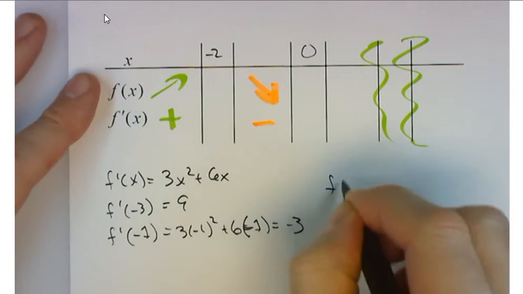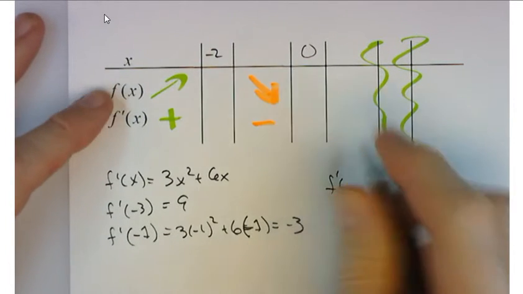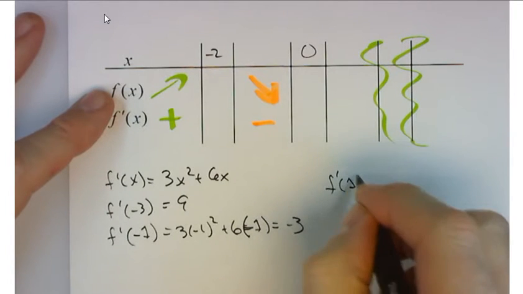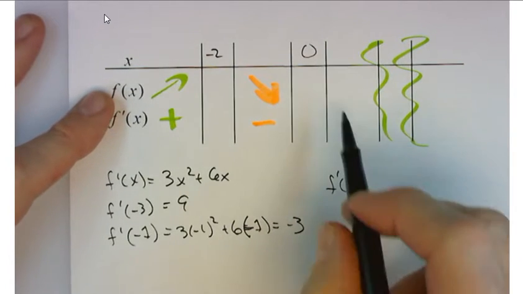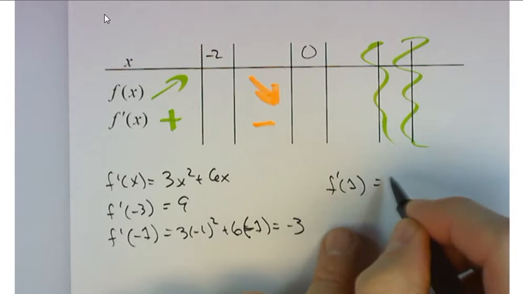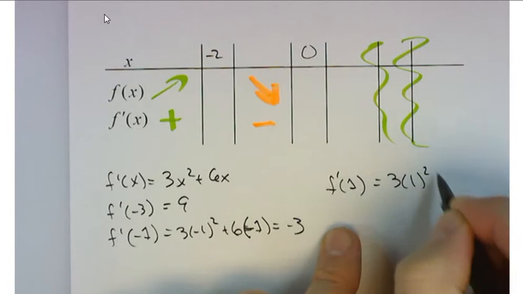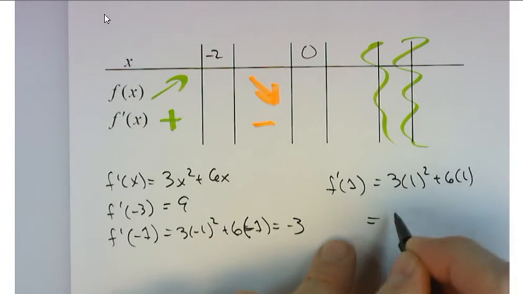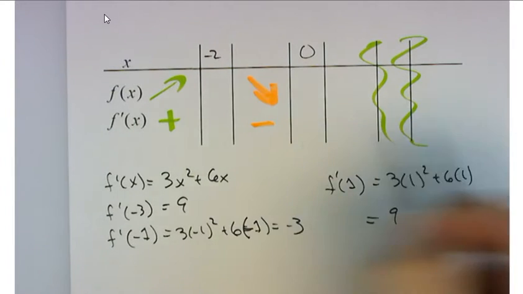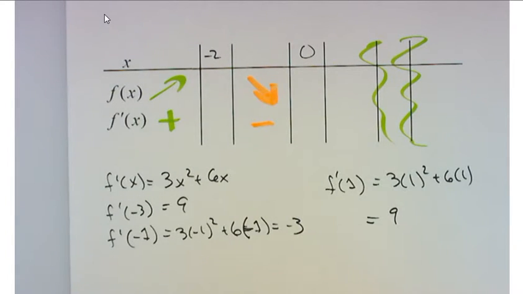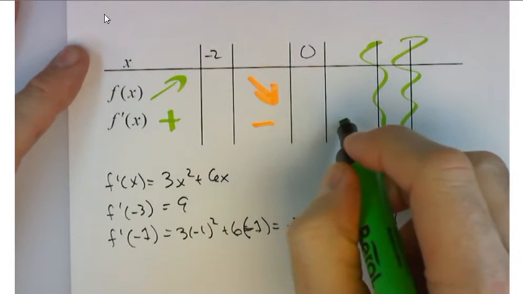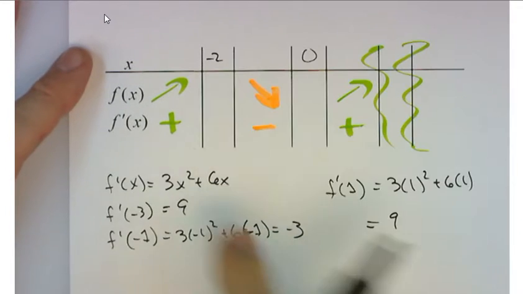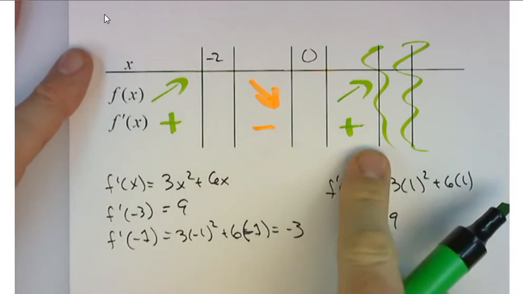Last but not least, f prime of, say, well, let's keep it easy, 1, tells us that the function is increasing to the right of 0. So kind of the same thing as the last one: increasing, decreasing, increasing.